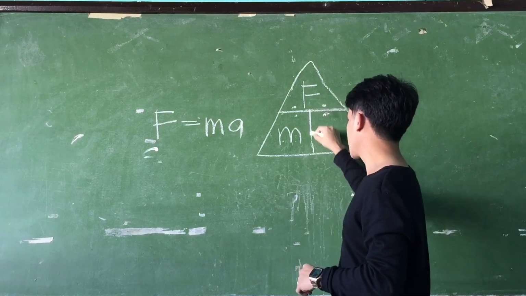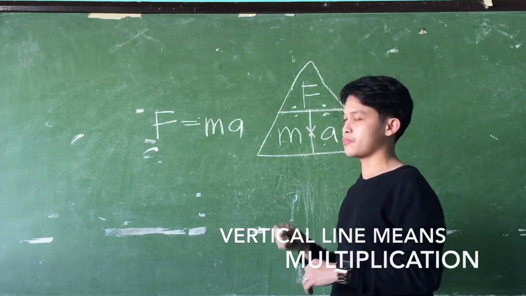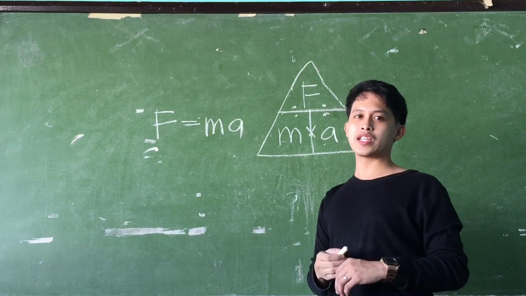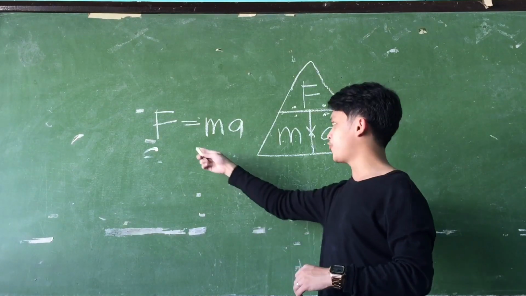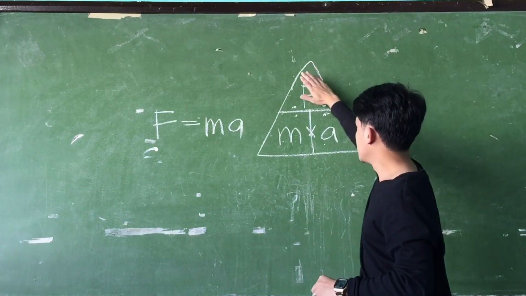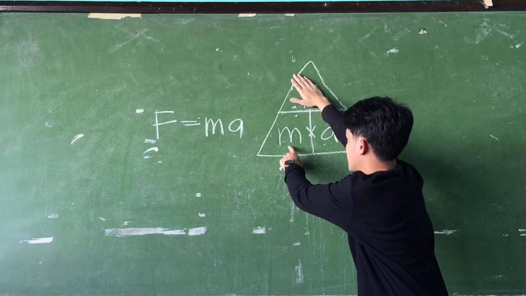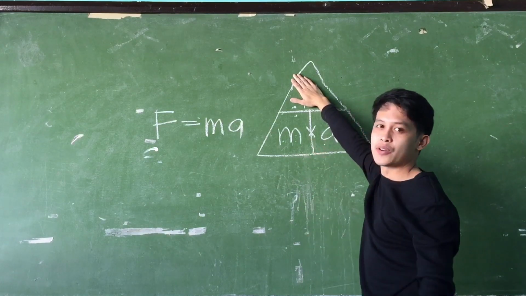And the vertical line represents multiplication. So as you can see, to solve for F, we just cover the F and we have the equation of force, which is mass times acceleration.